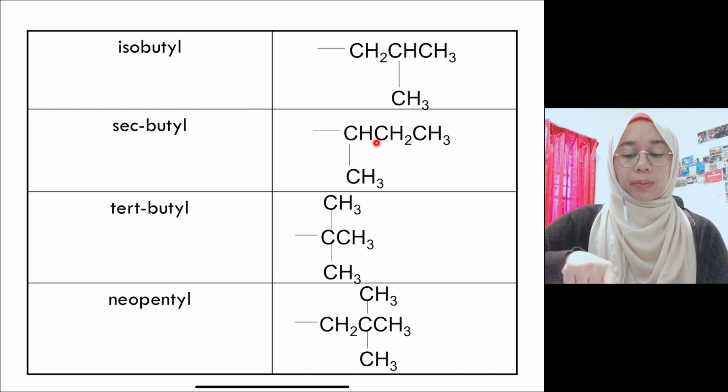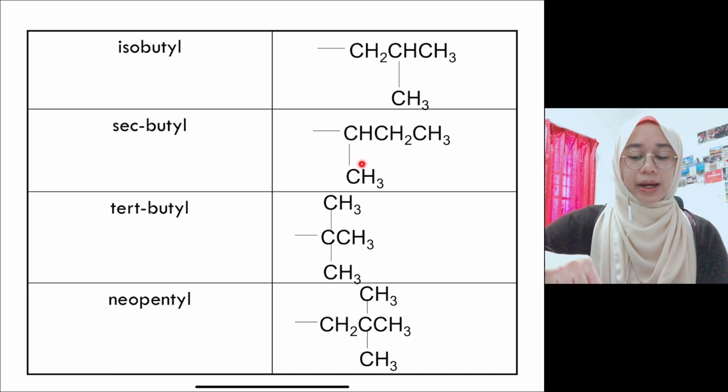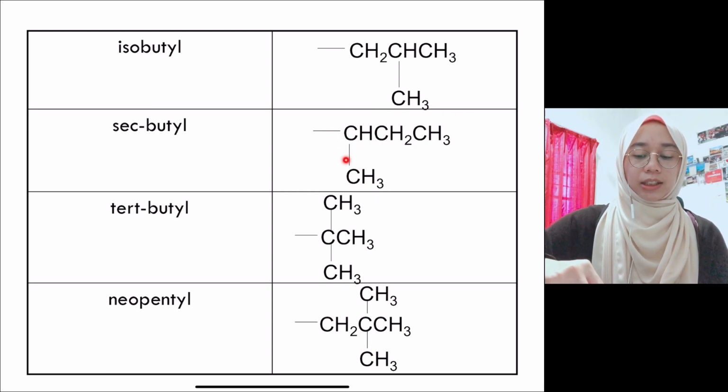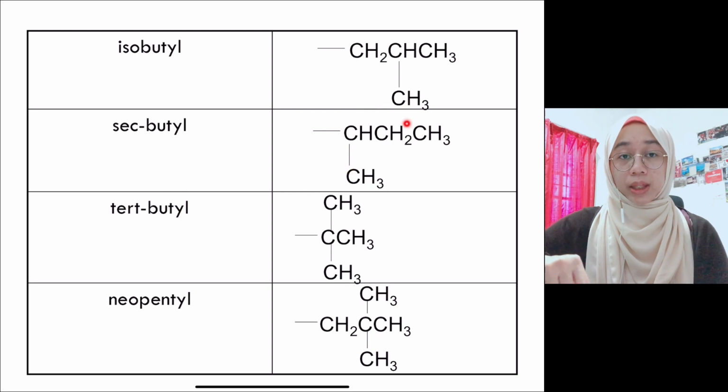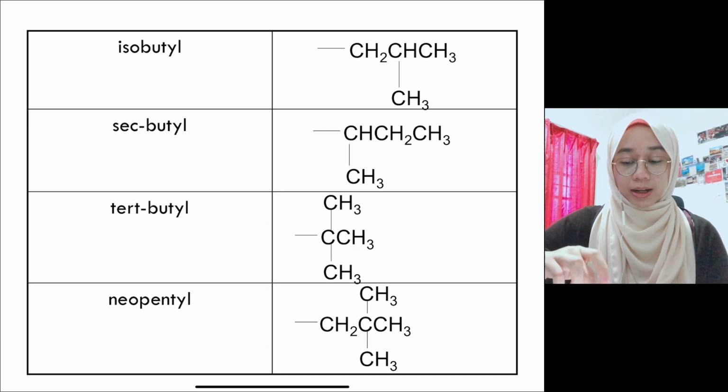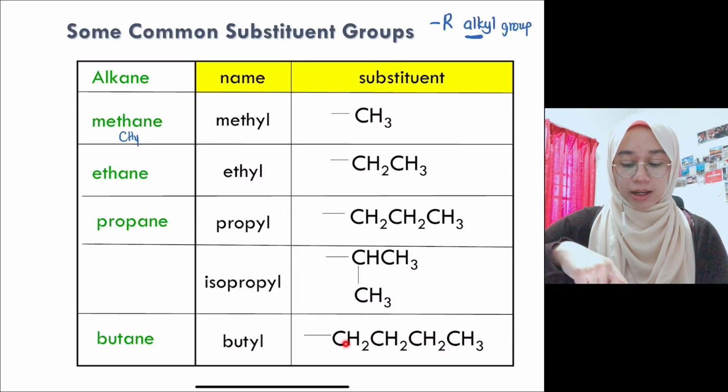Okay, so sec-butyl ni, this is because daripada straight chain of butane tadi, the secondary carbon is being attached to the parent. Kalau kamu compare, ini yang paling hujung ni yang attach kepada kita punya parent.